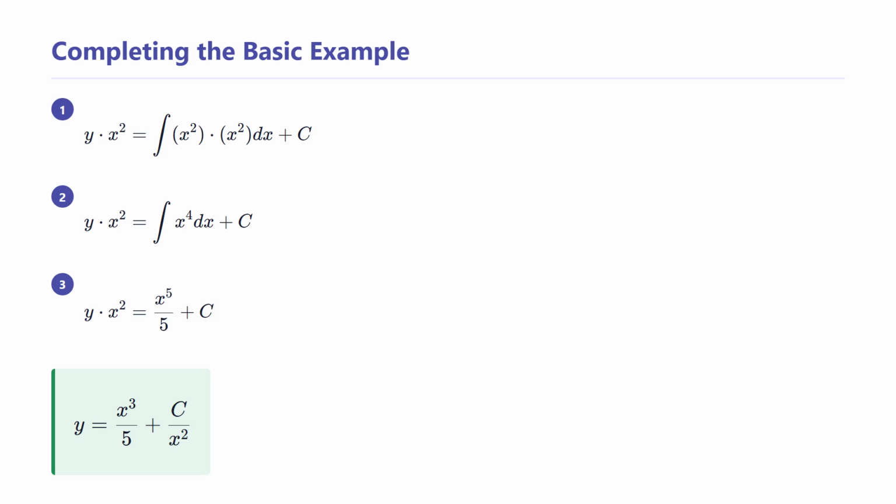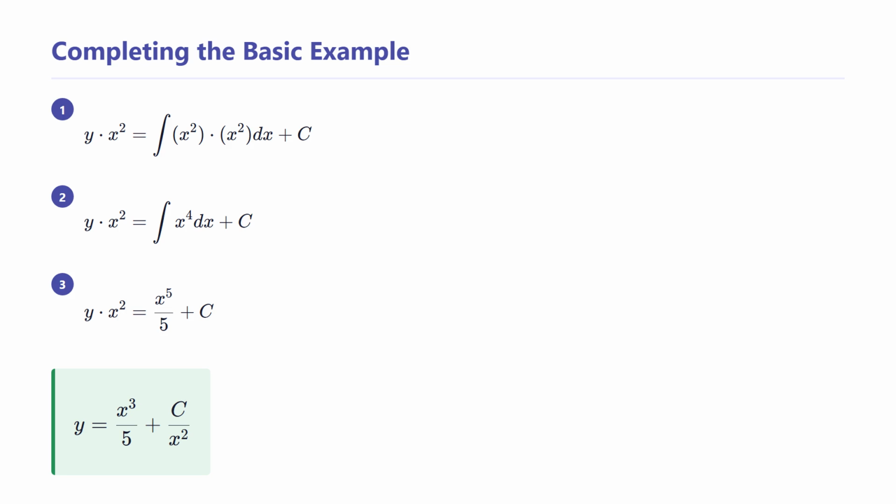Now that we have our integrating factor, let us finish solving the equation. We use our general solution formula, multiplying our unknown y by the integrating factor x squared on the left. On the right, we multiply our original q of x, which was x squared, by our integrating factor x squared. This gives us x to the power of 4 inside the integral. We also add our constant of integration c.